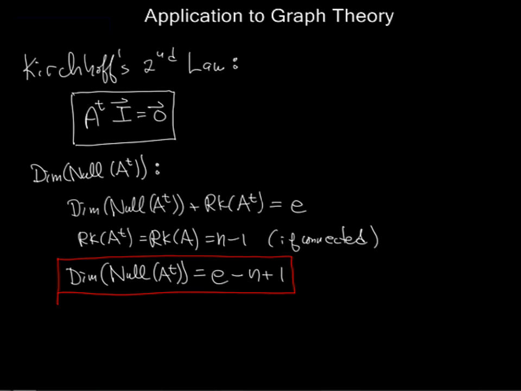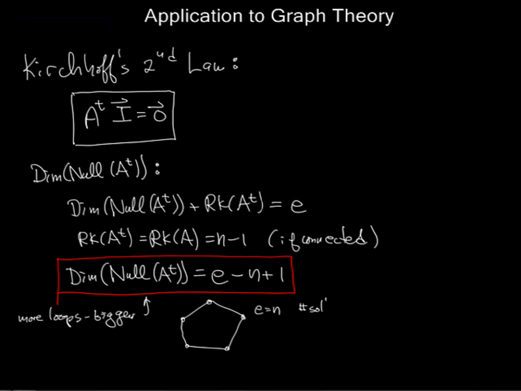So that's kind of interesting. We didn't have to do any calculation here. You just need to know how big the matrix is: E minus n plus 1. And the idea is that the null space gets bigger every time you have loops.